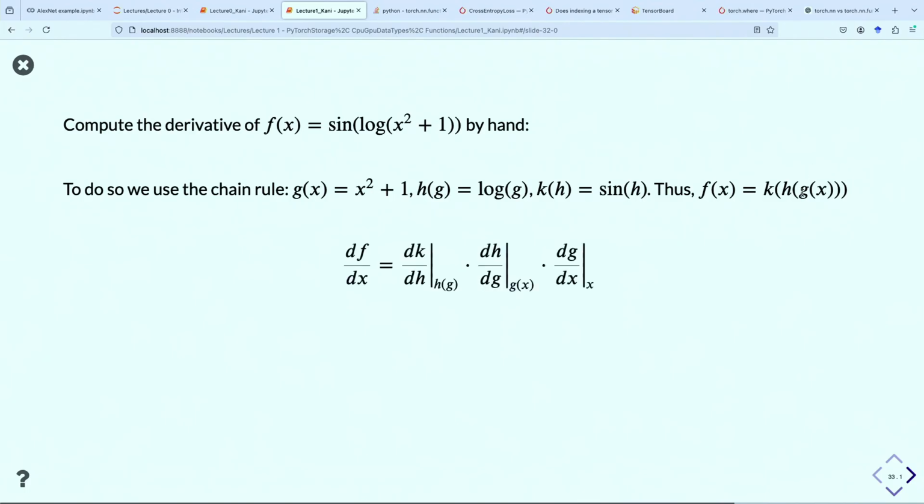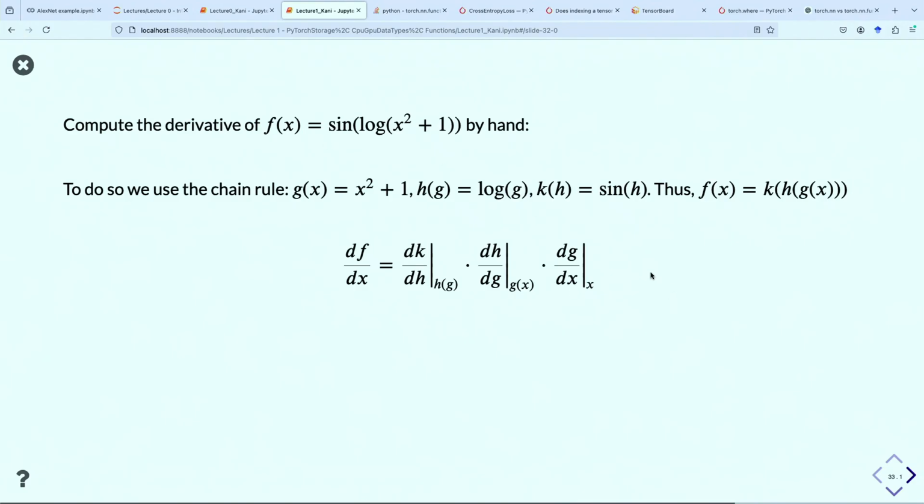And then we would know that the derivative of f with respect to x is simply equal to the derivative of k with respect to h, times the derivative of h with respect to g, times the derivative of g with respect to x, right? And so dh and dh cancel out, dg and dg cancel out, and you're left with dk, which is sine, the outermost, over dx, right?